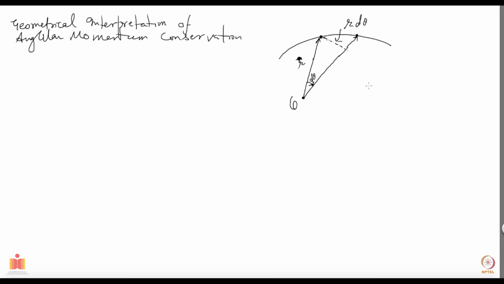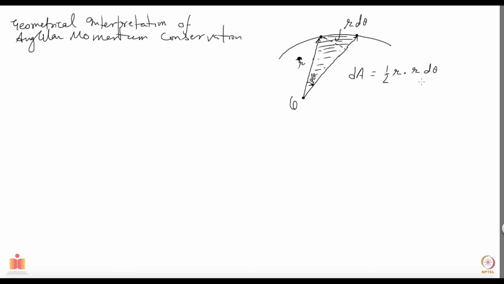Okay, and if you find out the area of this infinitesimal sector, you see if this is infinitesimal, so this area which you are seeing here is half r into r d theta.